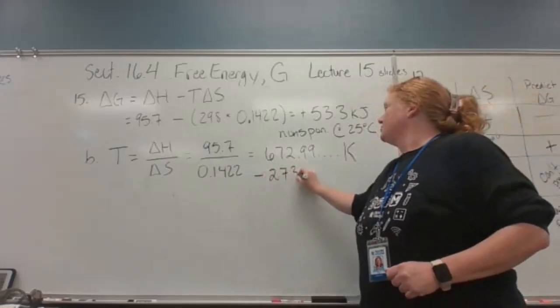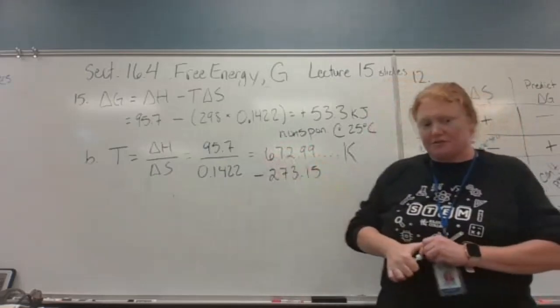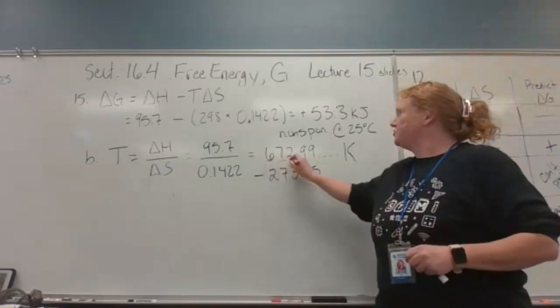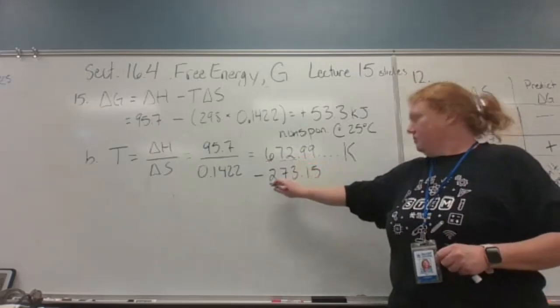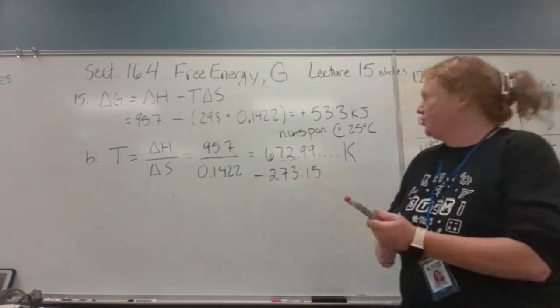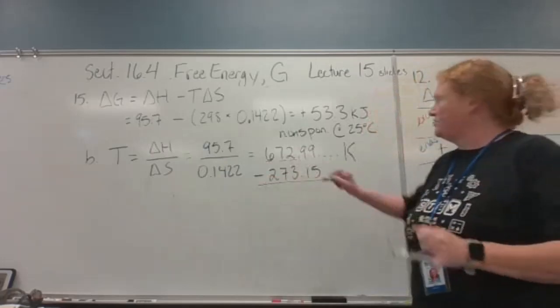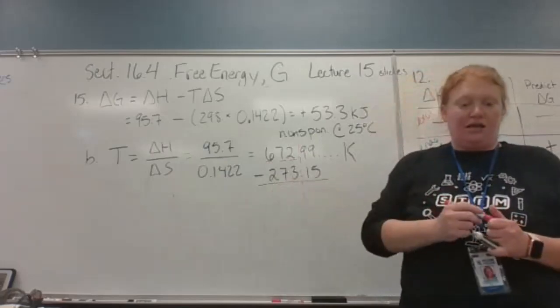Subtract 273.15. Now, in this original answer, how many sig figs should we have? Good. So that's marked to the ones place. So when I do this minus this, my answer is going to round and stop at the ones place.